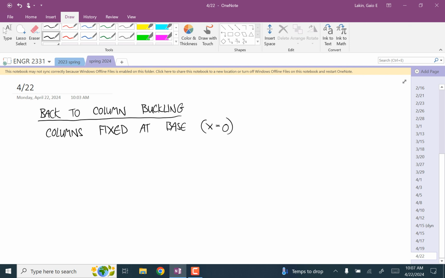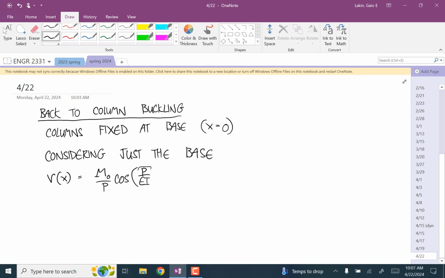From considering just the stuff at the base, we have the solution: deflection as a function of x is equal to M sub 0 over P times the cosine of the square root of P over EI times x, minus M sub 0 over P.